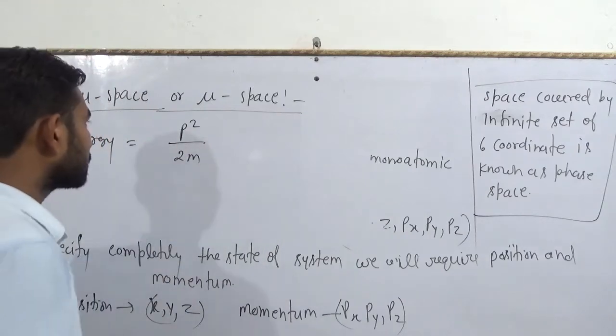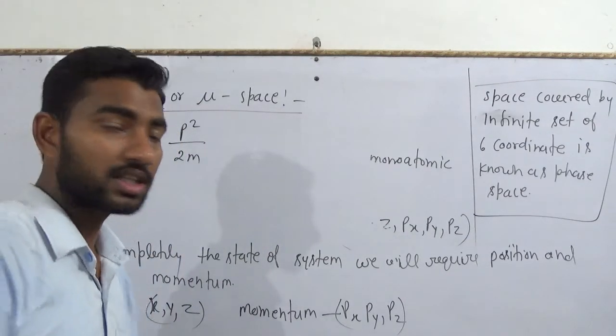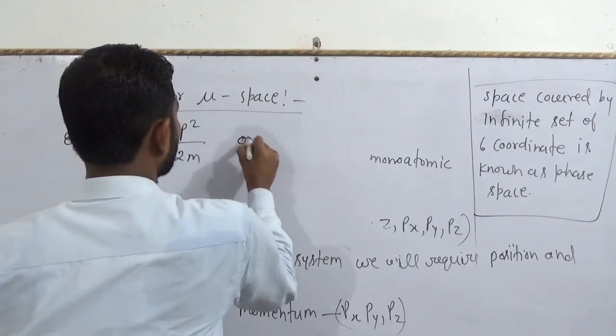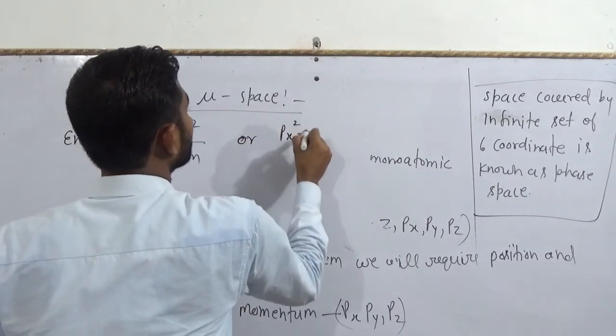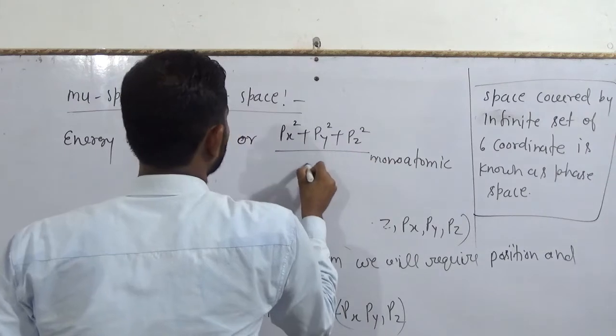Now friends, in place of momentum we can write the momentum coordinates also: Px square plus Py square plus Pz square by 2m.